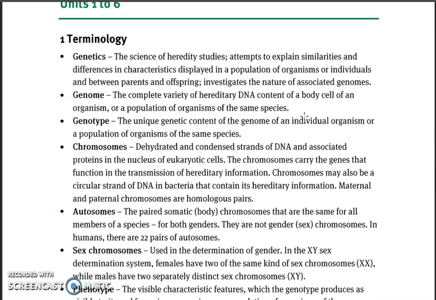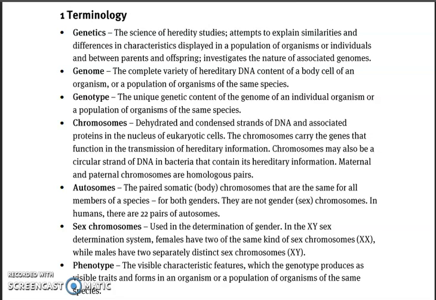Now, when we look at genetics, there are two main phrases that come into play here. That's the genotype as well as the phenotype of the species. So when we talk about the genotype, it's basically the unique genetic content of the genome of an individual organism or a population of organisms of the same species. This basically means that your genotype consists of how an organism is supposed to look or behave.